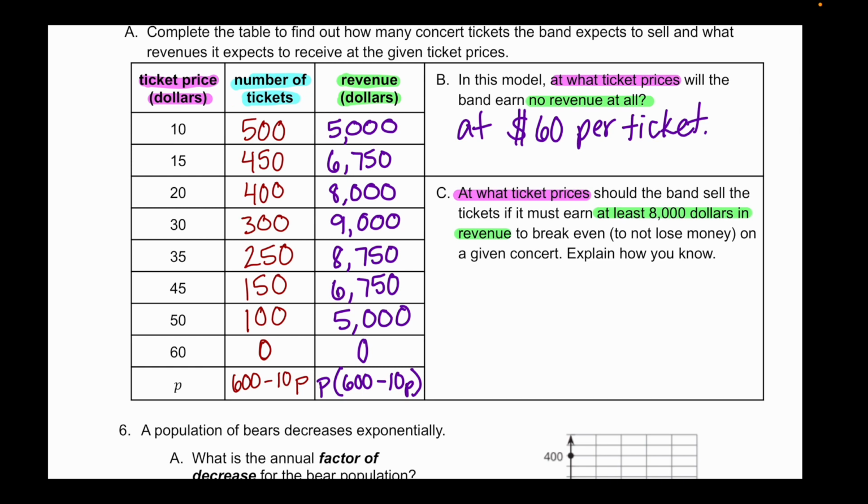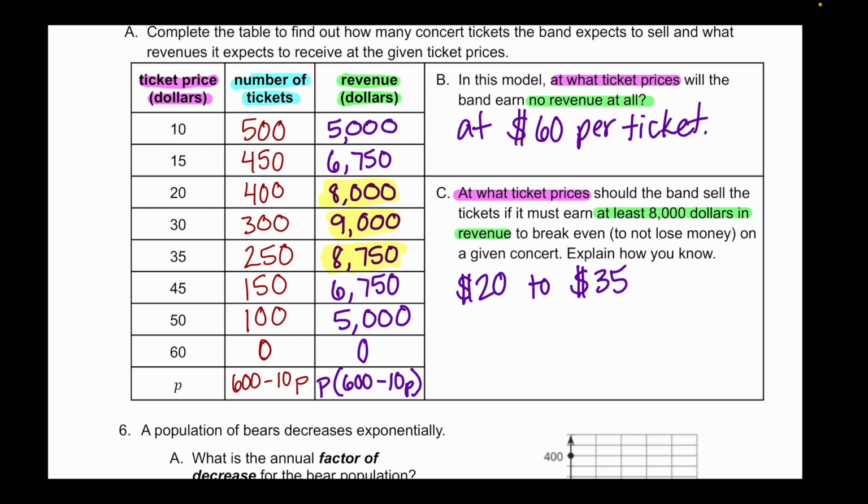So let's find everything in our revenue column that is $8,000 or more. I see one right here, highlighted in yellow. So 8,000, 9,000, 8,750. Those are the only three numbers that work here. So $20 to $35.